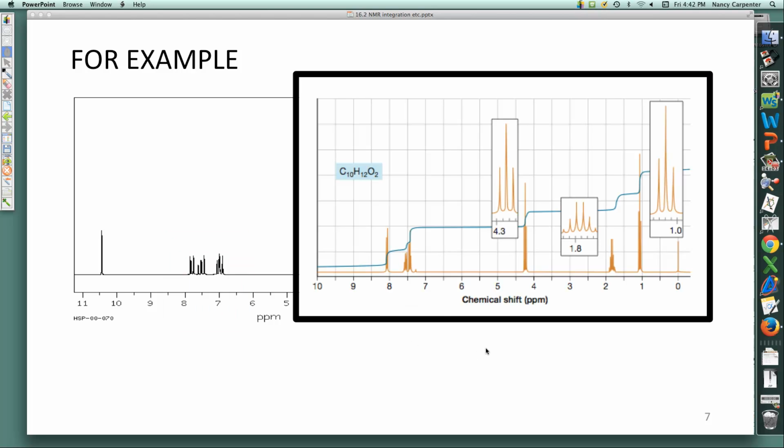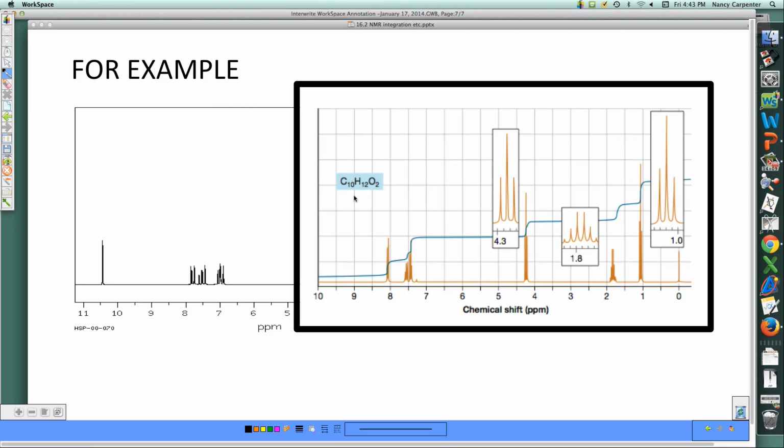All right, this one's a lot more complicated. But what do I know about it? Well, the first thing I know about it is there's a molecular formula. What am I going to do with that? You're going to figure out the units of unsaturation, and you're going to say 10 times 2 is 20. 20 plus 2 is 22. If it were fully saturated, it'd be 22. It's not.